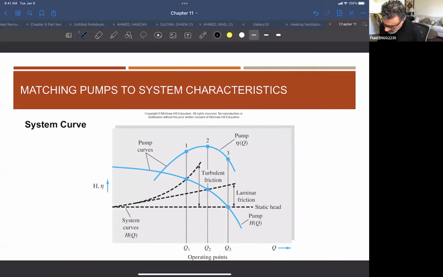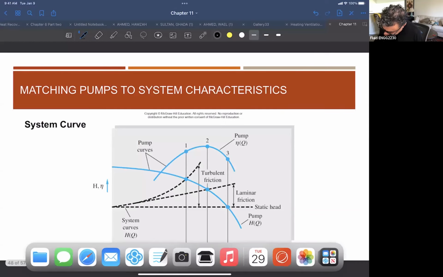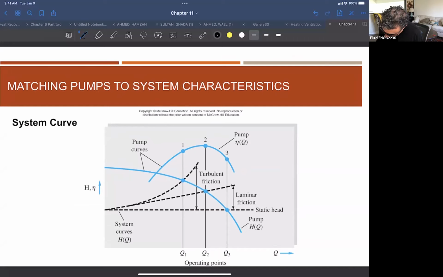So this is what tells you about the system curve and the operating points. Also the efficiency of the pump is given at any point that you are operating between the system. This is your operating point.